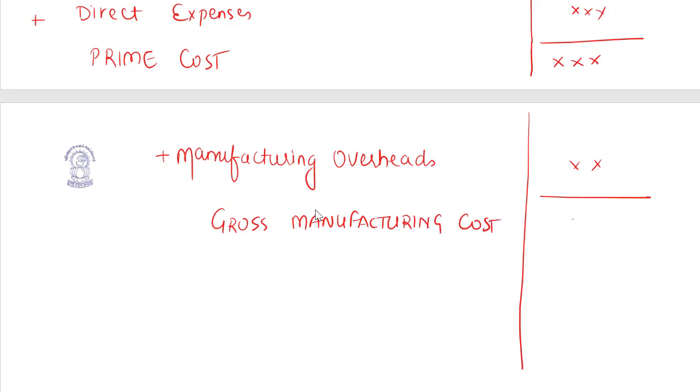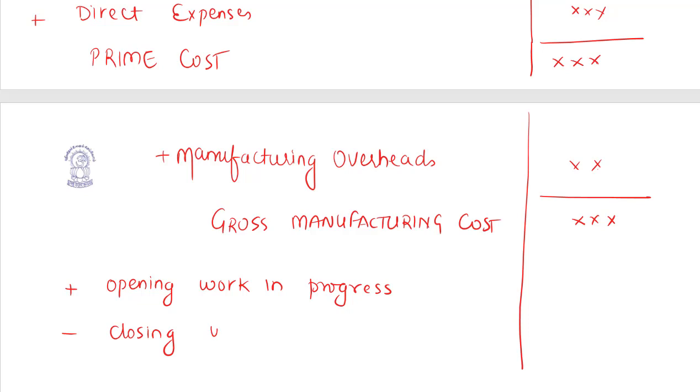Gross manufacturing cost plus opening work in progress, less closing work in progress.